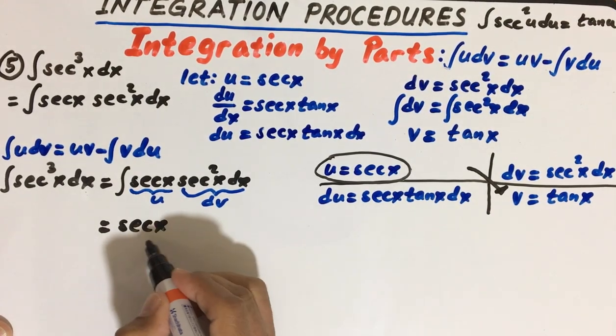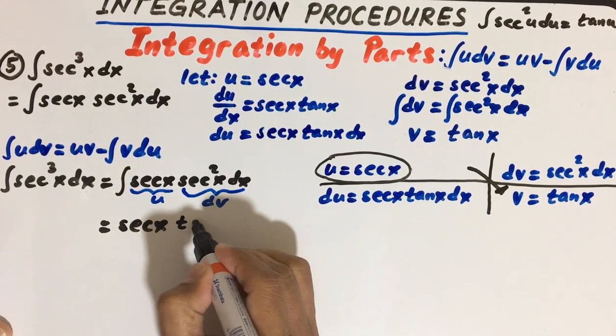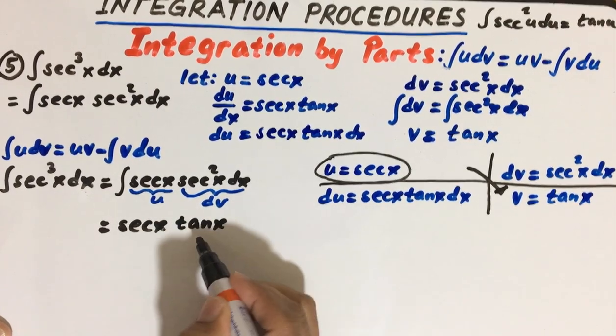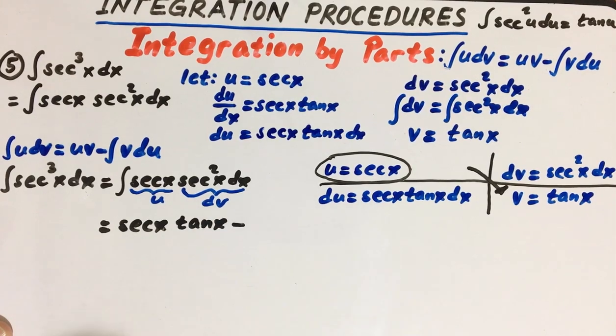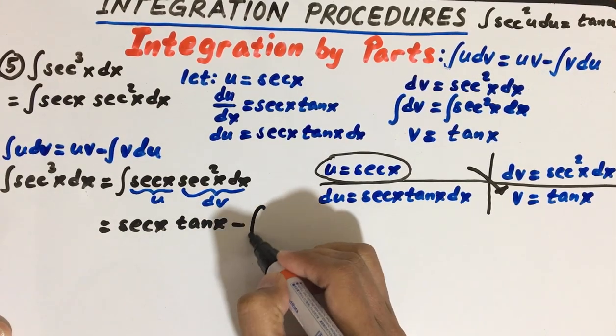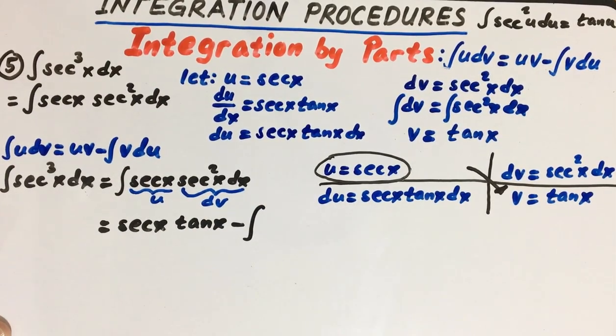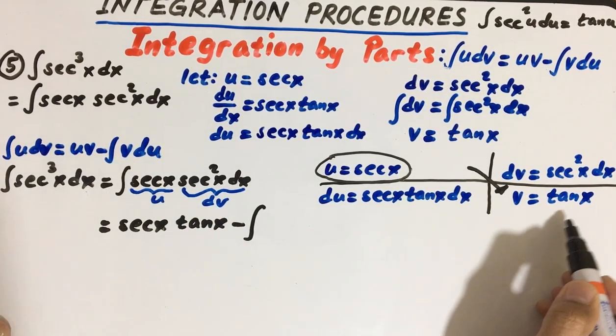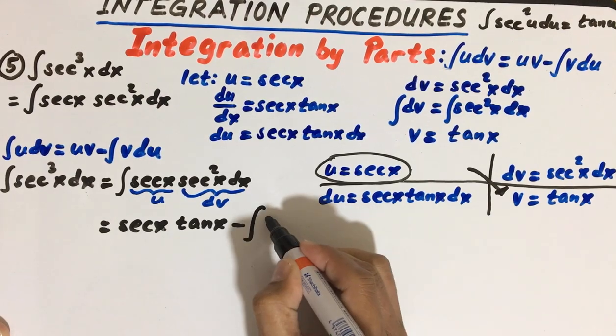Therefore, secant x times tangent x. This is our u, this is our v. Then minus the integral of v. Our v is tangent x.